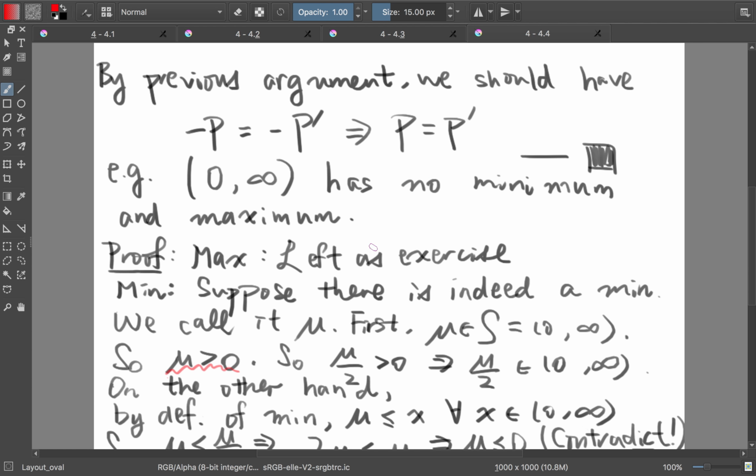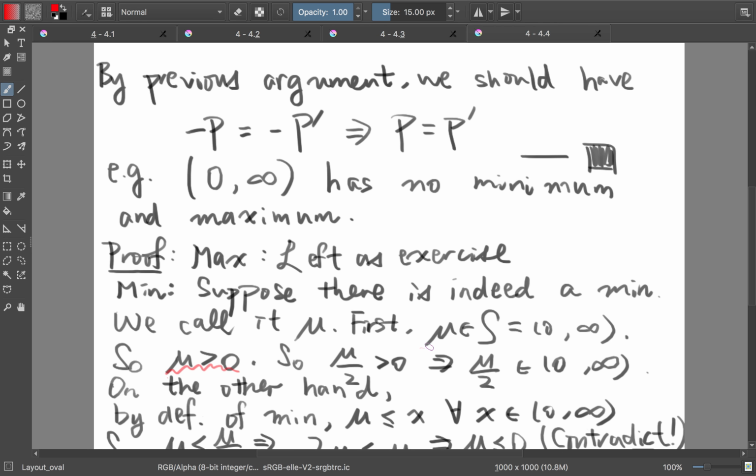After proving this, let's do an exercise. We encounter this set again, and we say that it has no minimum and maximum. The first statement, that it has no maximum, I will leave as an exercise. For the part of minimum, we suppose that there is indeed a minimum, and we call it mu.